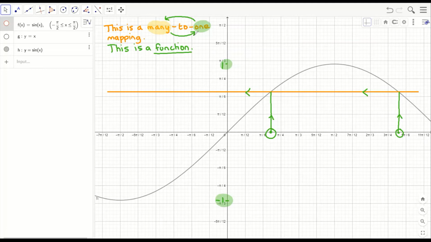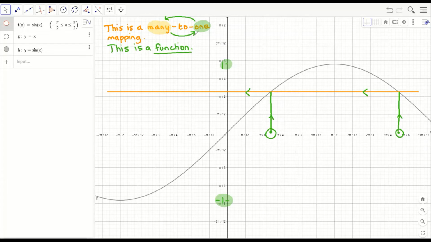So what we need to do is we need some way of forcing this sine graph to become one-to-one. I really, really want to have an inverse function for sine. That's my goal. So what can we do? Well, we can play a few games with the domain.